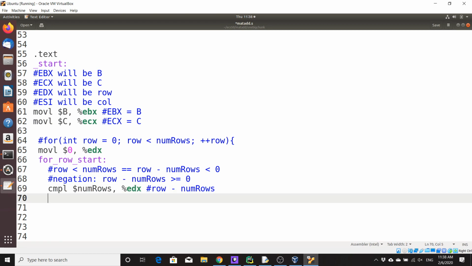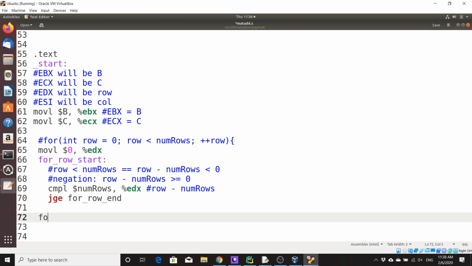And now what do we do next? Jump if greater than or equal to? Row end, right? And then down here, for row end. Okay, now we need to do plus plus row.